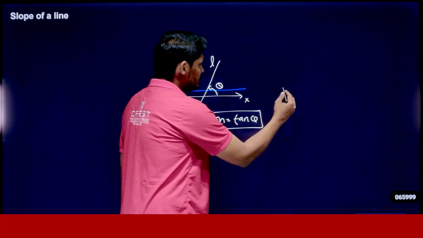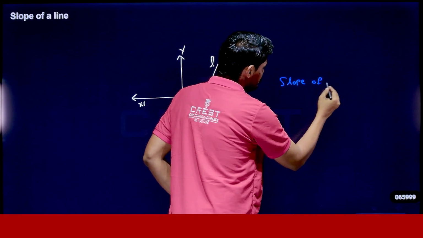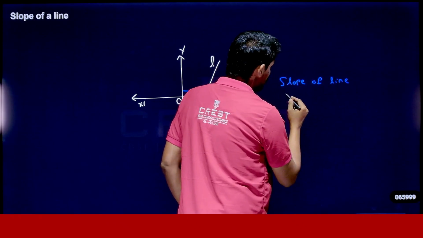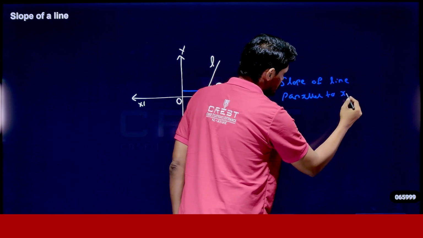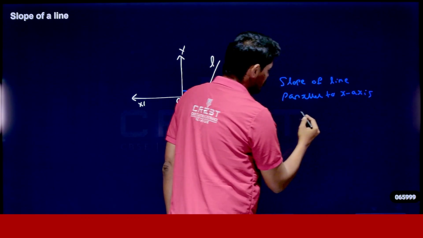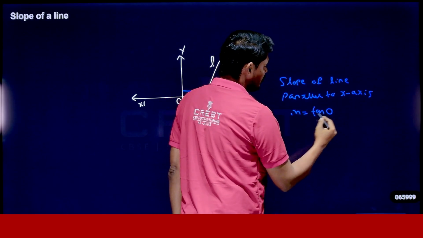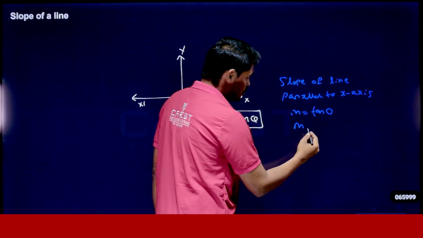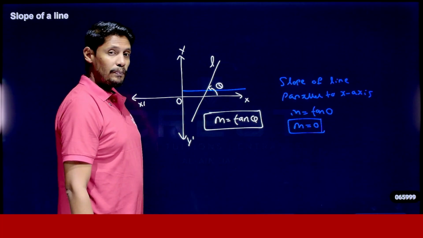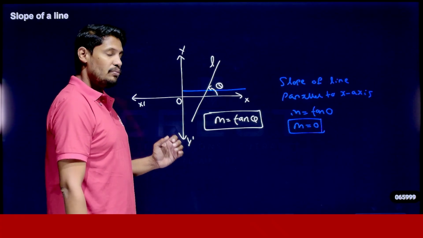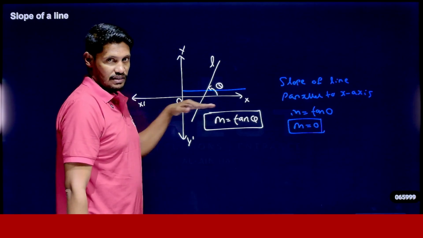So for a line parallel to the x-axis, slope m equals tan 0. We know that tan 0 is always 0, so m equals 0. So when a slope is 0, what does it mean? We have a line which is parallel to the x-axis, or it is on the x-axis.